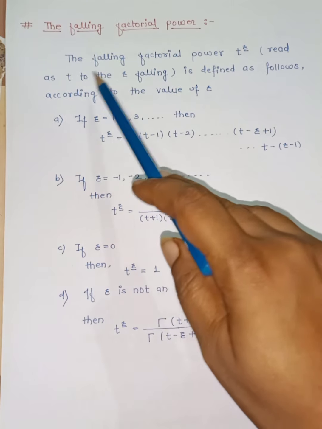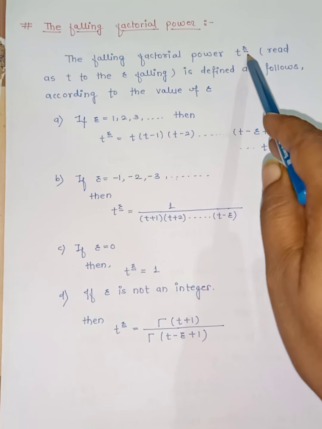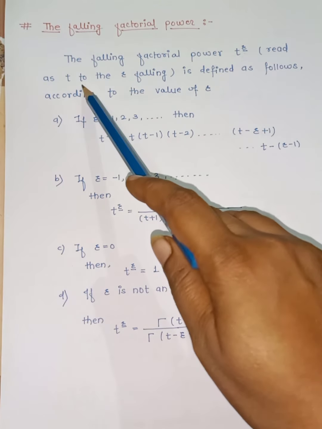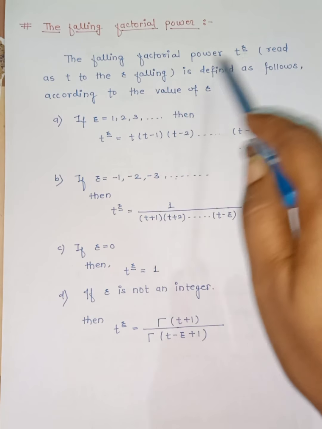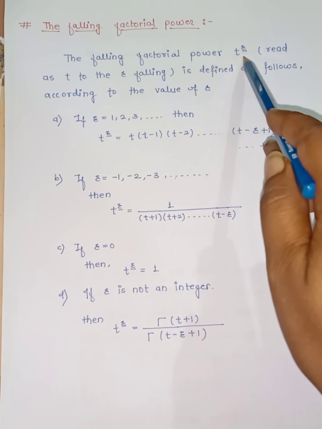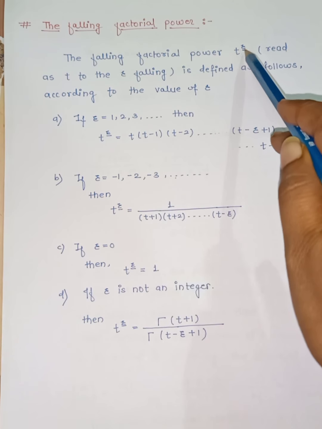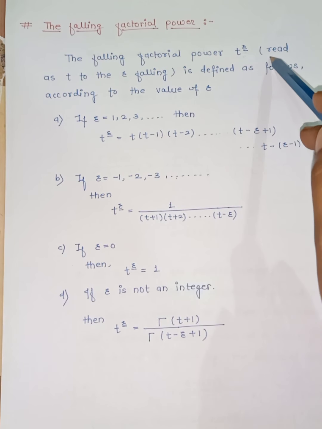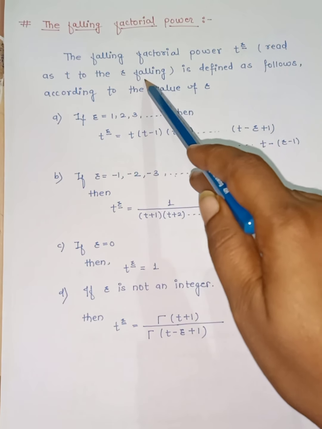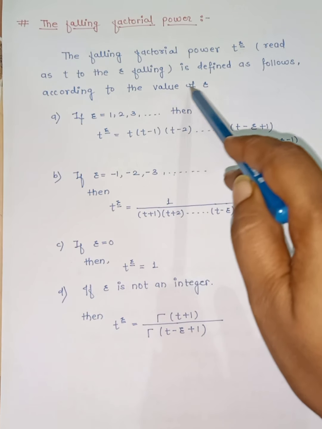Okay, so the falling factorial power t to the power r falling, how will we read this? Read as t to the falling r, or read as t to the r falling. We will not read it as t to the power r underline, whatever it is. We will read it as t to the r falling, or t to the falling r. Okay, it is defined as follows according to the values of r.